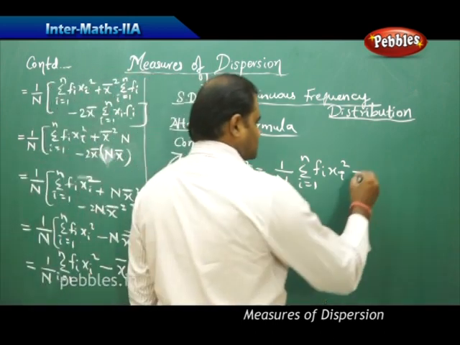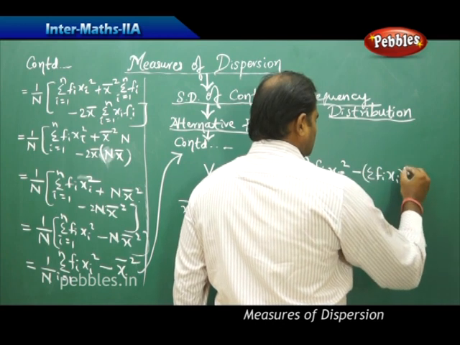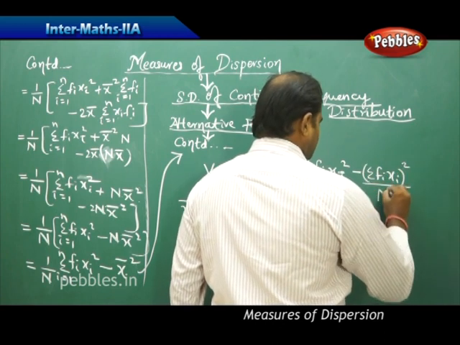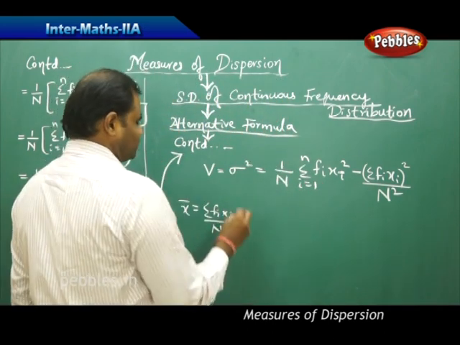Therefore using this, sigma fi xi whole square by n square, which is how we derive the formula.